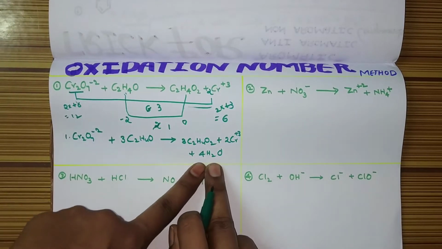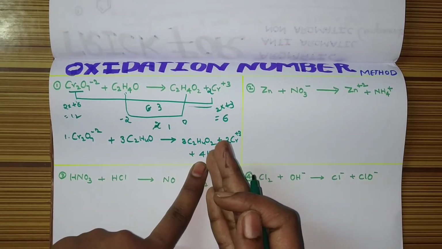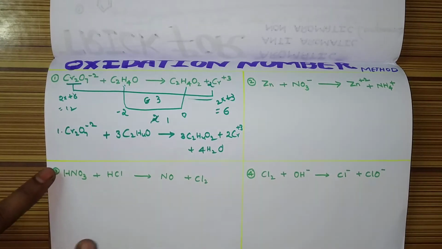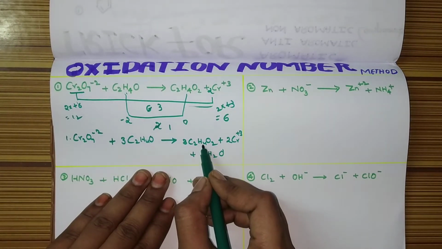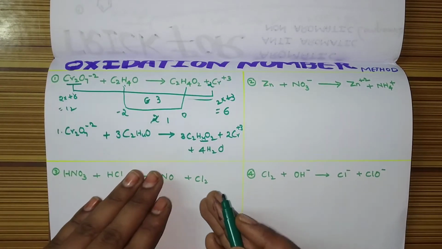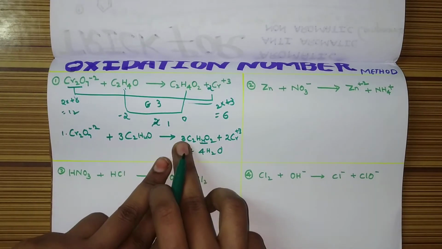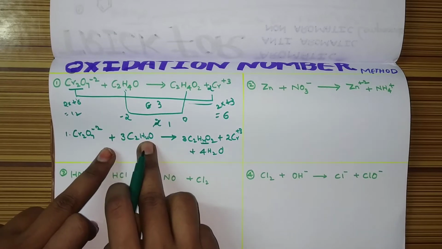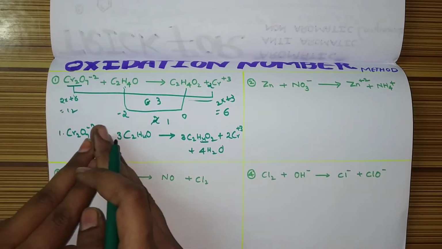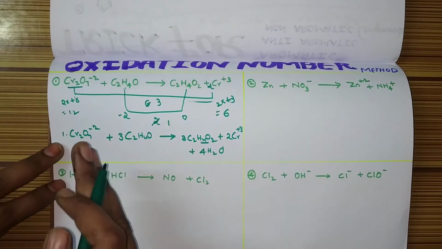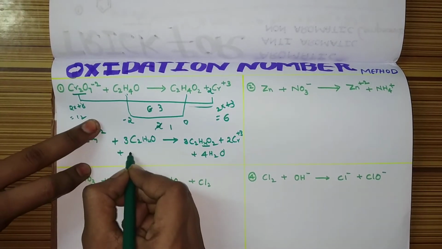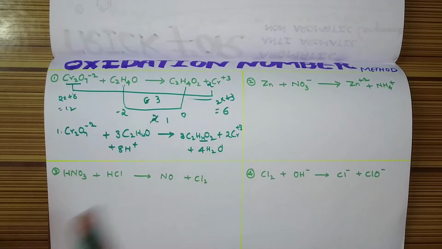How many hydrogens are here? 8 hydrogens, so add 8 H+ ions. In this one also hydrogens are there, so calculate both. 3 fours 12, 12 plus 8, 20. Here 12, there 20. So how many hydrogens are left? 8, so plus 8 H+. That's it. This is the balanced reaction.